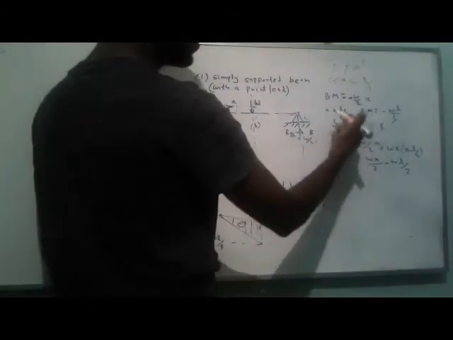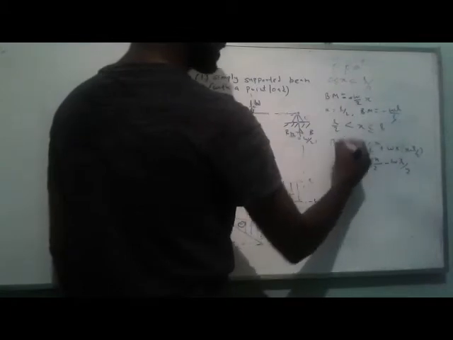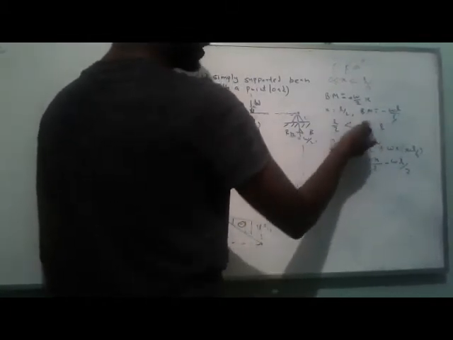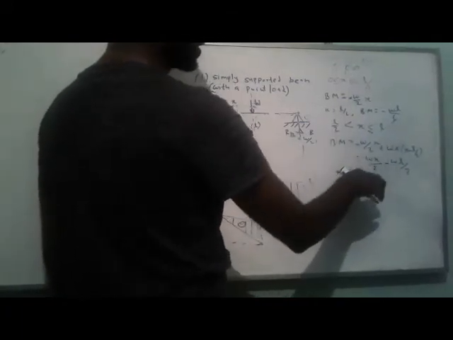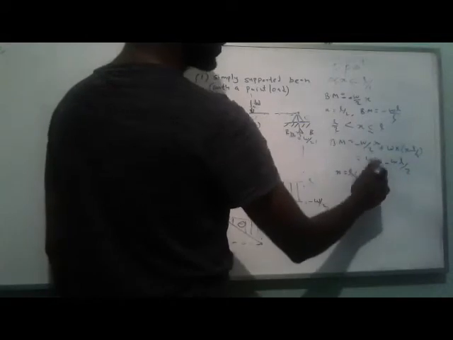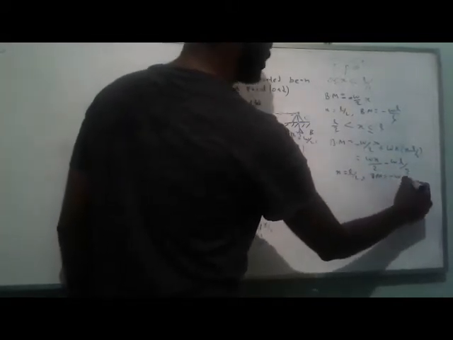Here we get Wx over 2 and here WL over 2. The minimum value we can substitute for x is from this inequality: x is equal to L over 2. When we substitute x as L over 2, you get bending moment minus WL over 4.